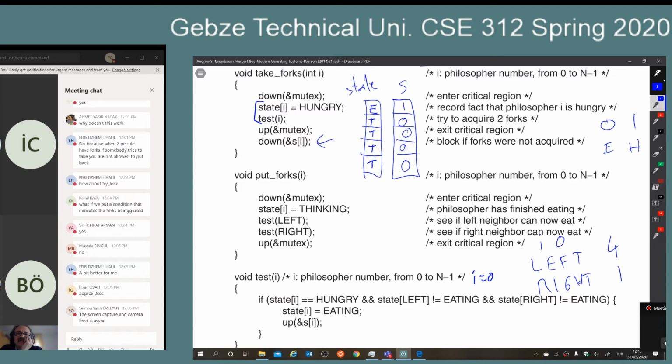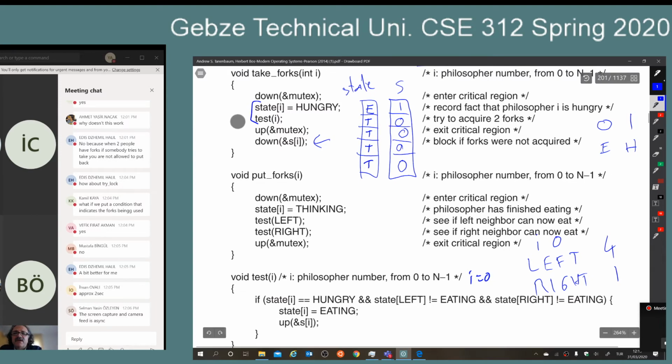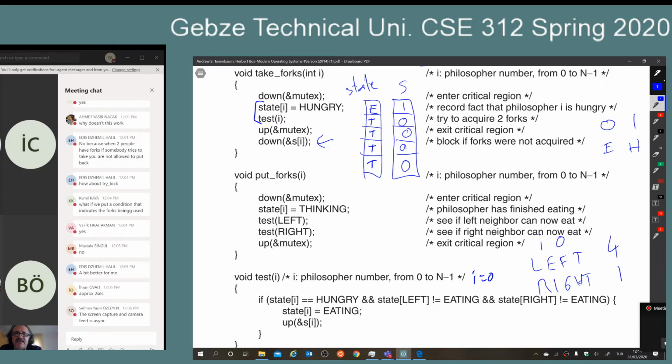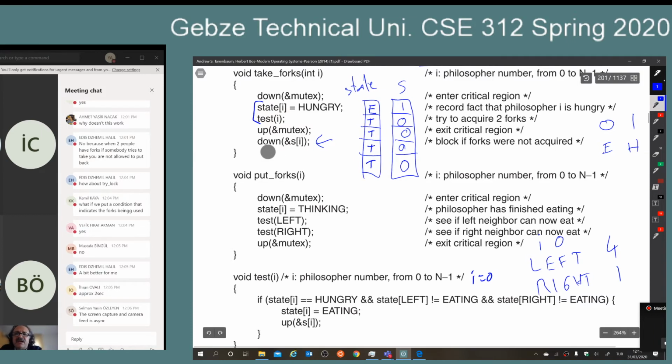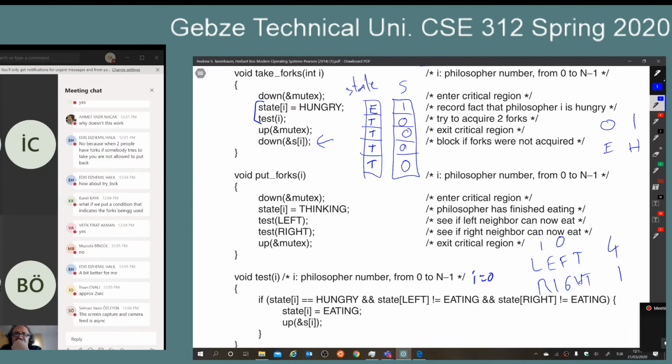After I call this function, if I am hungry and if my left is not eating and my right is not eating, then I am eating and I up my semaphore. And when I come here, I will not be blocked. Why? Because I upped my semaphore, I will decrement it, and I will take the forks. That's what it does.